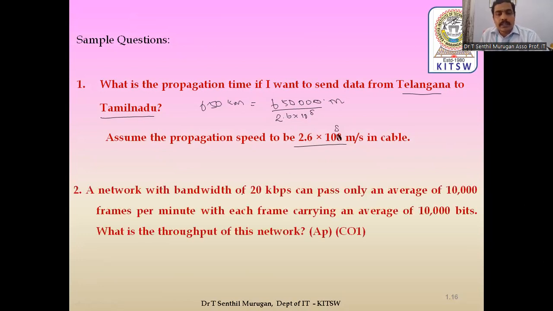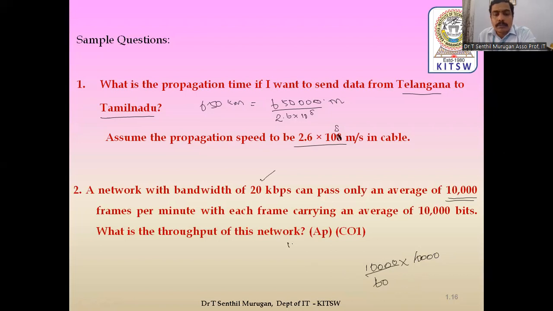Next question. A network with a bandwidth of 20 kilobits per second, that is the overall capacity, 20,000 bits per second, can pass only an average of 10,000 frames per minute, and each frame carries an average of 10,000 bits.